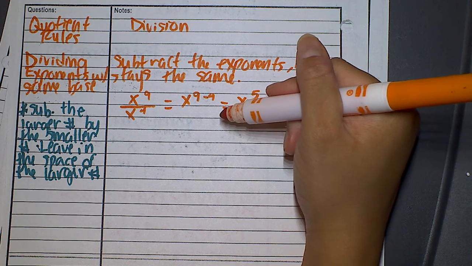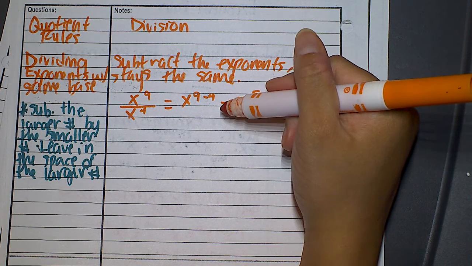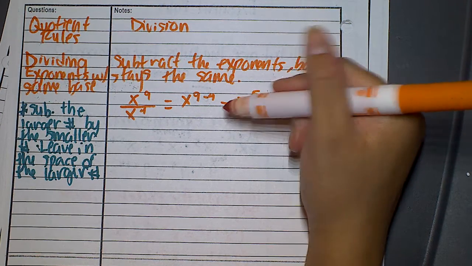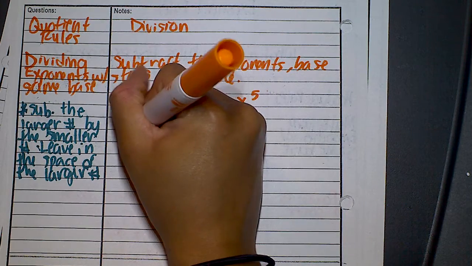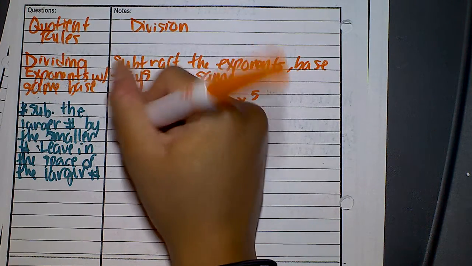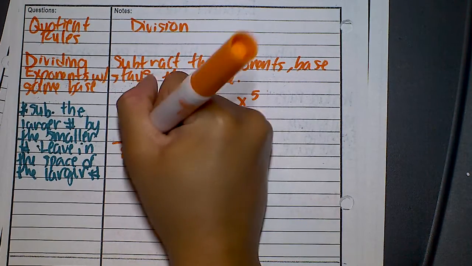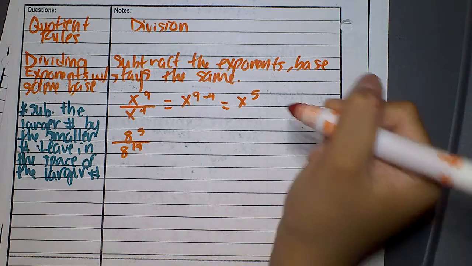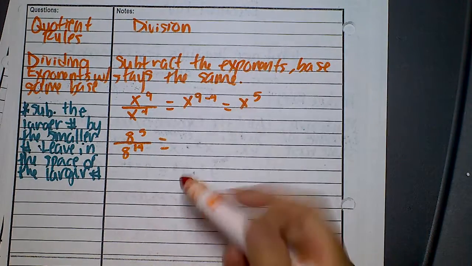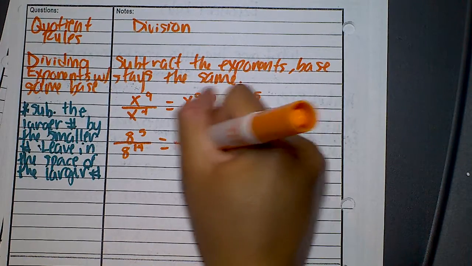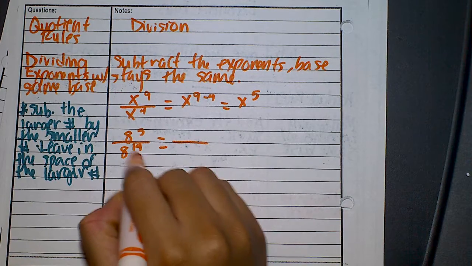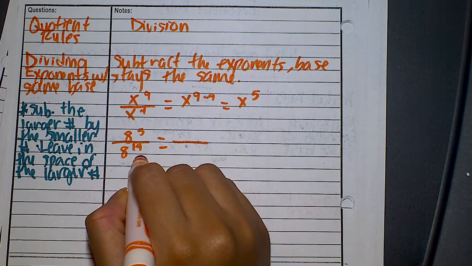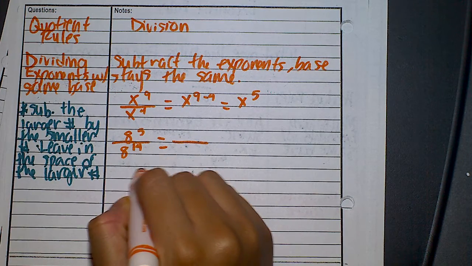So let's try an example where the larger number is not in the numerator. So we have 8 to the 5th divided by 8 to the 14th. And this is equal to, gotta leave our fraction, because if you realize 14 is larger than 5, and that's our denominator, so we're actually going to do 14 minus 5.